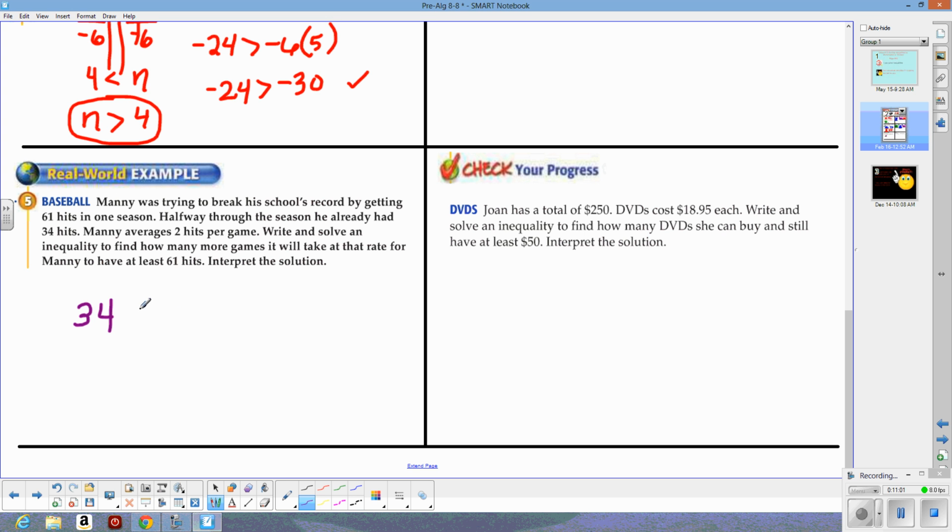Well, if he's already had 34 and he gets 2 per game on average, 34 plus 2 times the number of games, and we want it to be at least 61, that means we want it to be greater than or equal to 61. Now to solve this, we would subtract 34 from both sides.